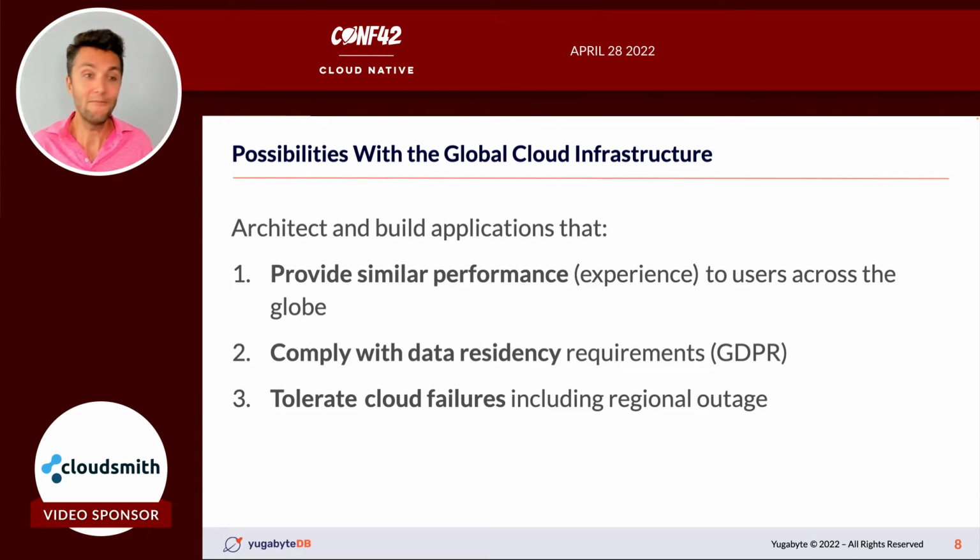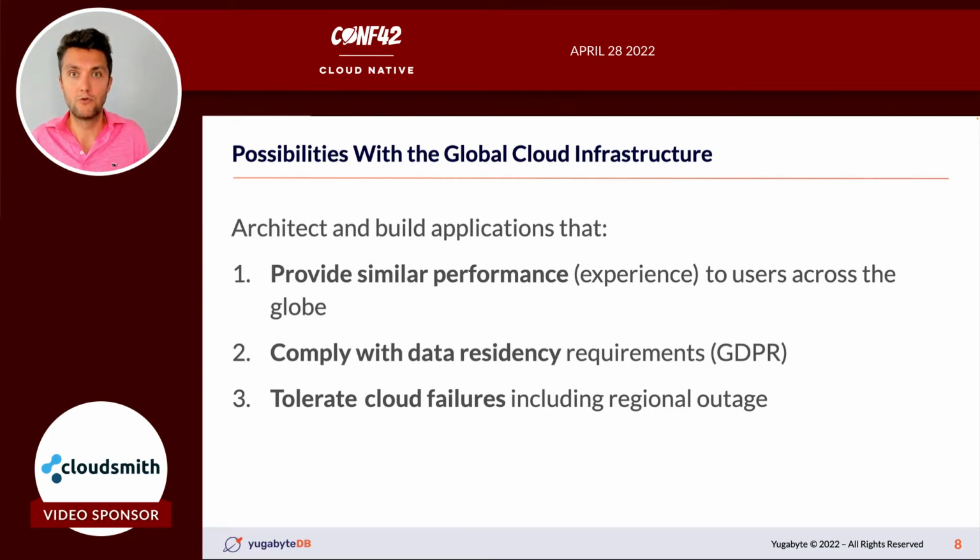The second benefit of the global cloud infrastructure that we can take advantage of is that we can comply with data residency requirements. Let's take another approach. Let's say that you launch an application primarily for the APAC, Asian market, but right now you see a lot of demand from citizens of Europe.